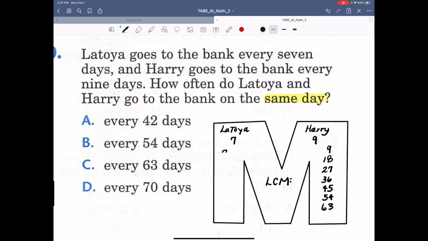And then we have 7, 14, 21, 28, 35, 42, 49, 56, 63. So every 63 days, they will be at the bank on the same time.